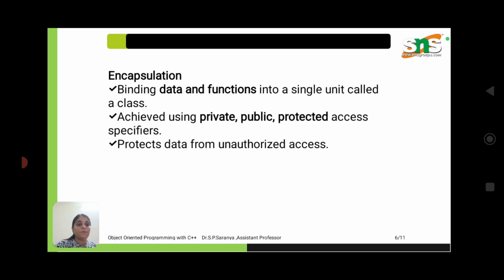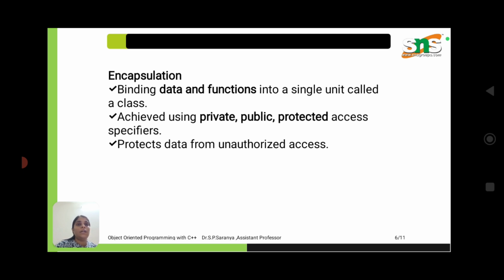C++ provides important object-oriented programming features such as encapsulation, inheritance, polymorphism, and abstraction. First, what is encapsulation? It is binding data, that is grouping data and functions together and protecting the data.